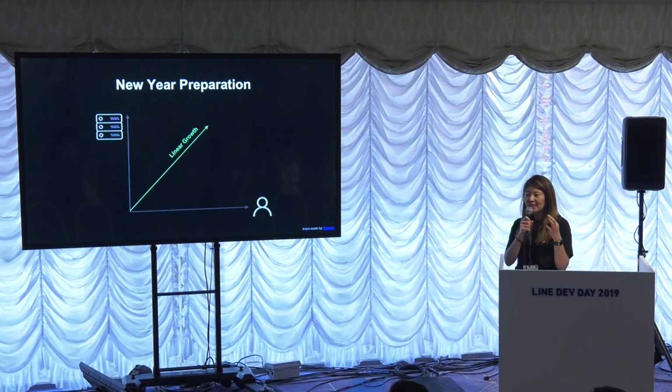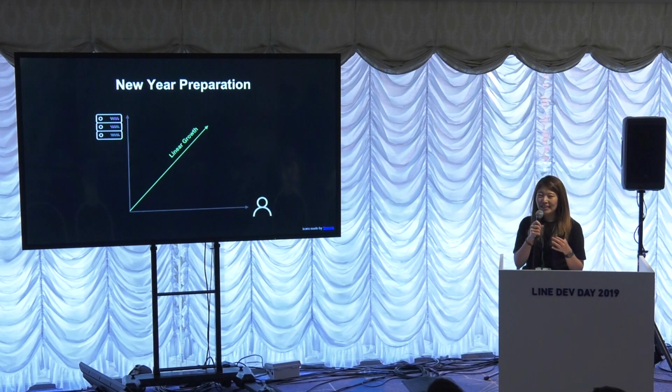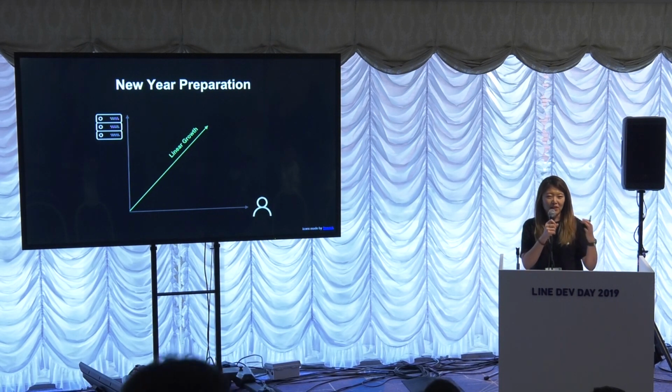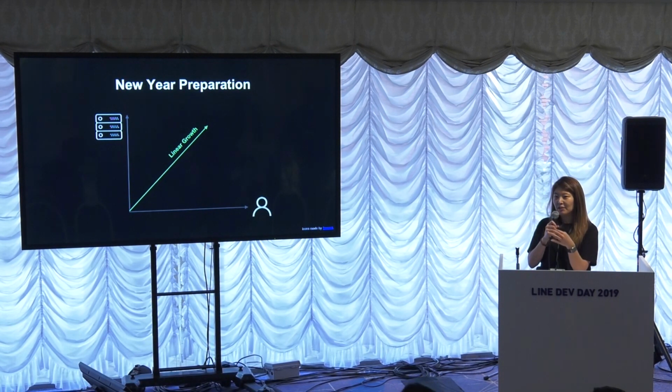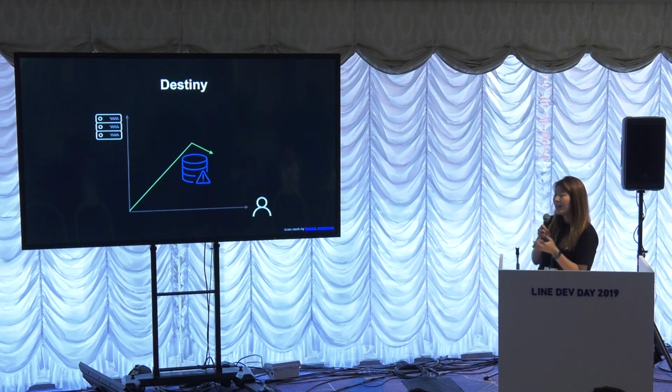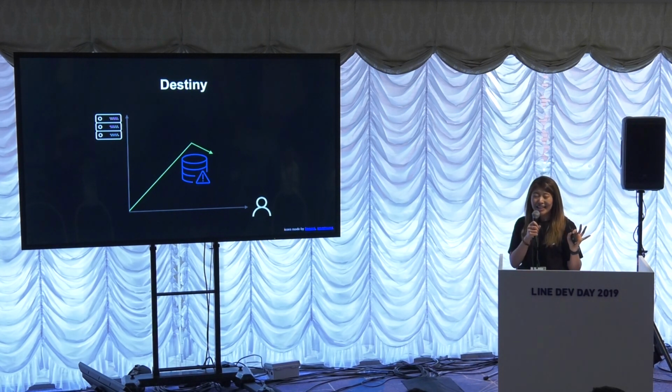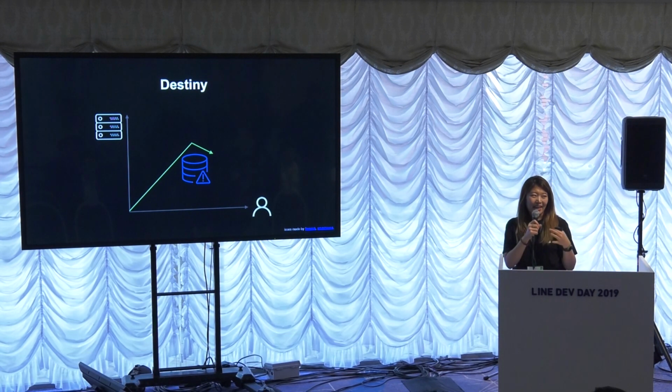To cover this sudden spike in traffic, commonly we add more API servers for the bigger traffic. That means we have to prepare a bigger capacity of our API servers first. However, unfortunately, sometimes we face a problem that the bigger capacity cannot promise us.